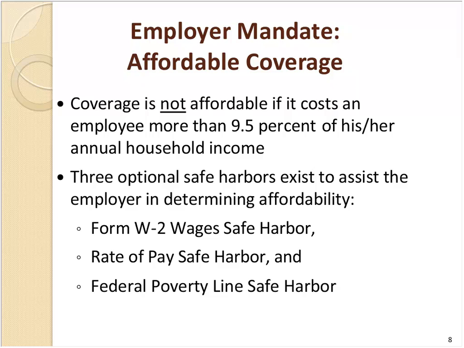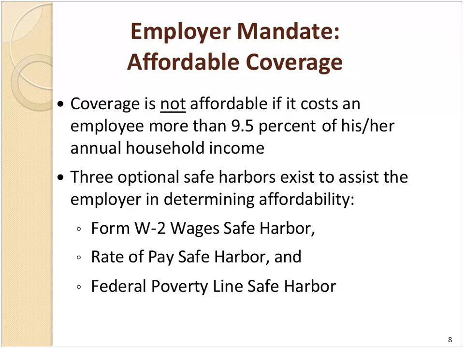But it is a way for the employer to move forward, and many employers don't charge their employees as much as 9.5% of their wages anyway. Many employers heavily subsidize their employee premiums, and so for many employers a rate of pay safe harbor will be fine.